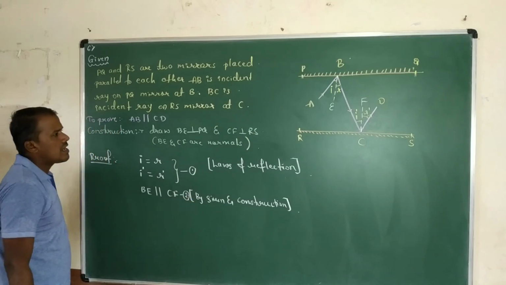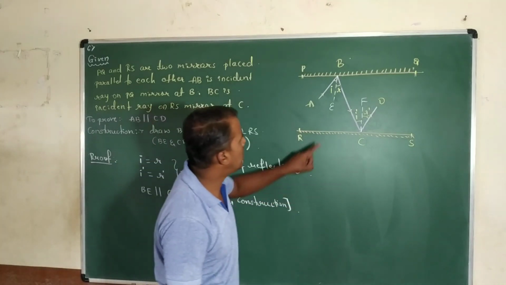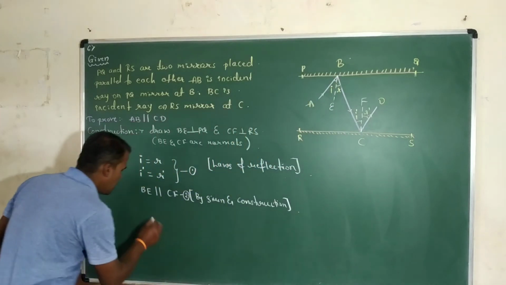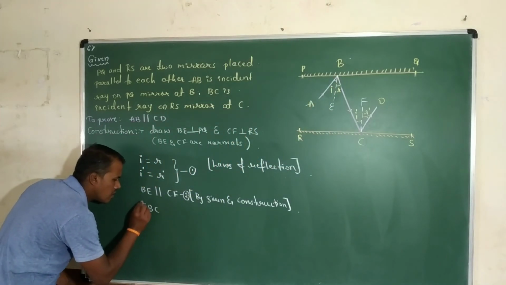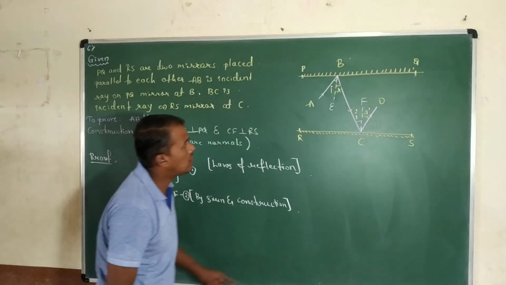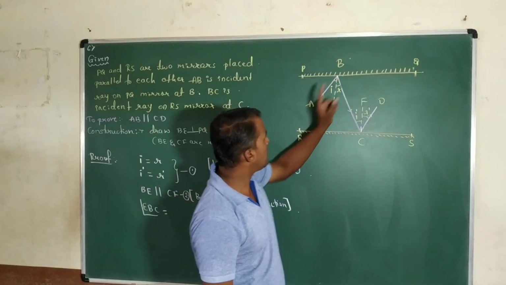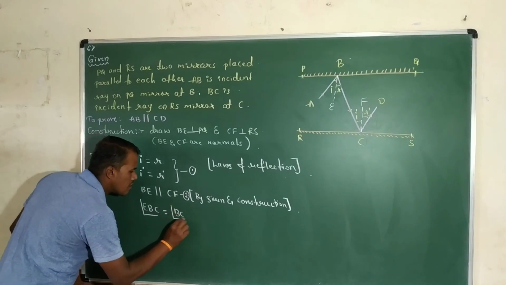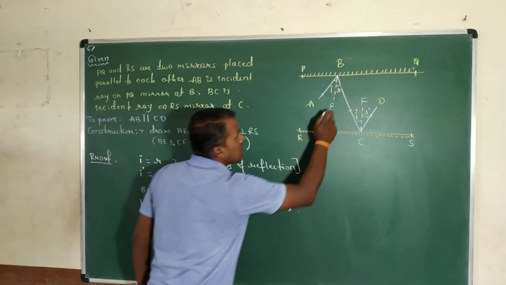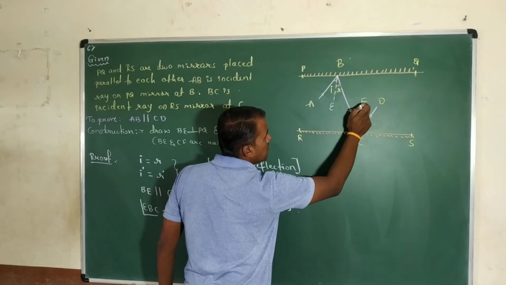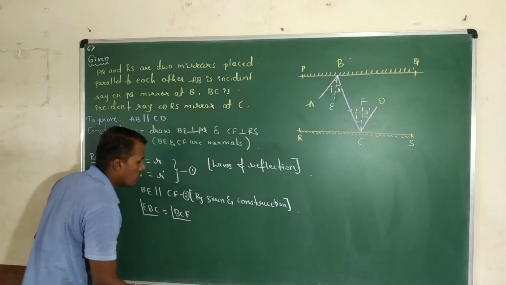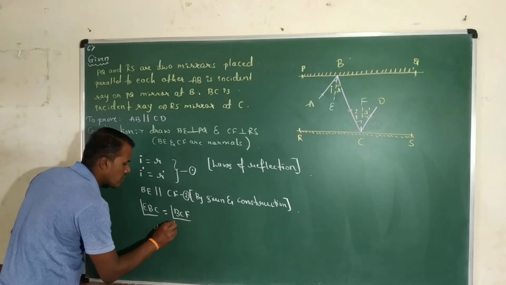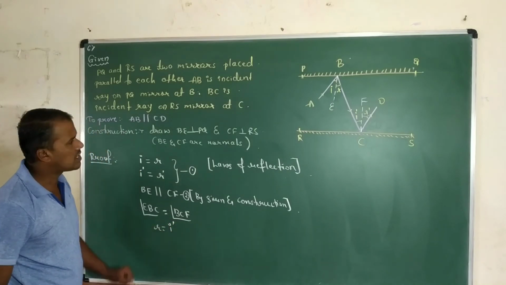Now we write angle EBC is equal to angle BCF, that is, R is equal to I dash.